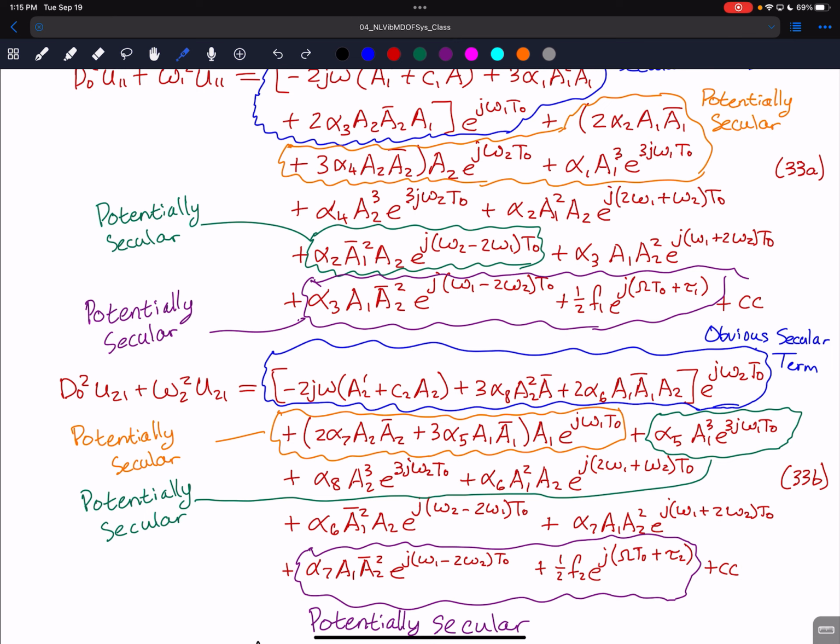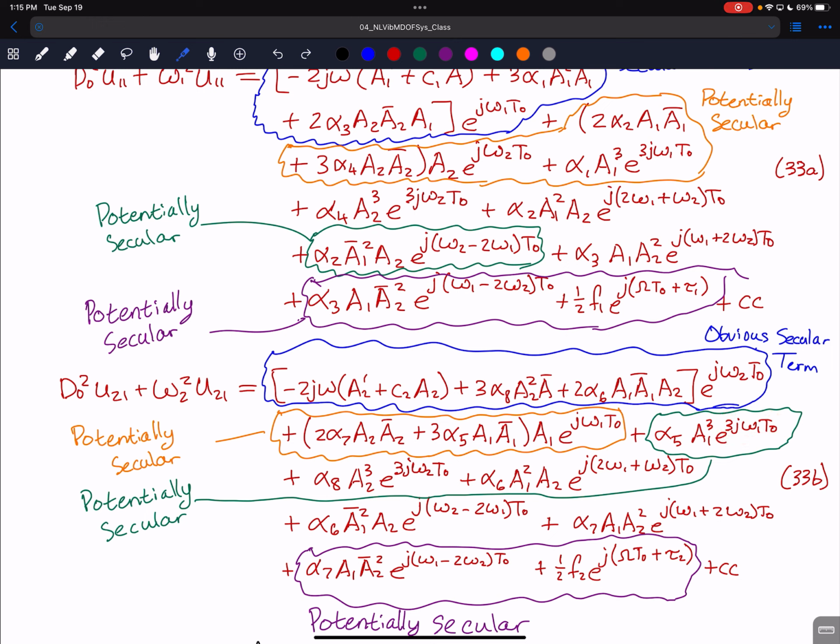That's what we're looking for, and that's what Mohammed pointed out here: this term right here can't give you a secular term because, if we go with omega 2 being 3 omega 1, you get omega 1 here, which is not going to resonate with the natural frequency. So it can't be a secular term. It's just some forcing at that point. Which then led me to say, hold on, if we say that omega 2 is equal to 3 omega 1, we can make the substitution, and here we'll get forcing in omega 2.